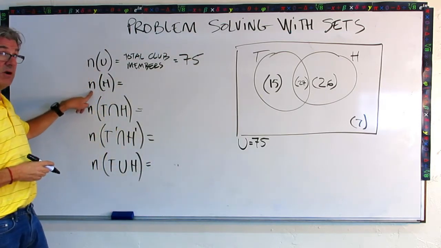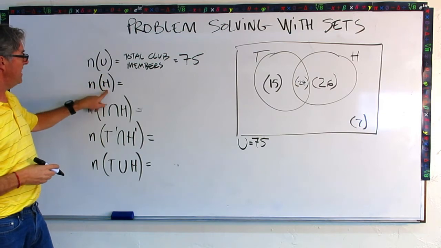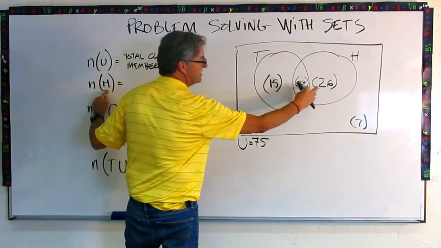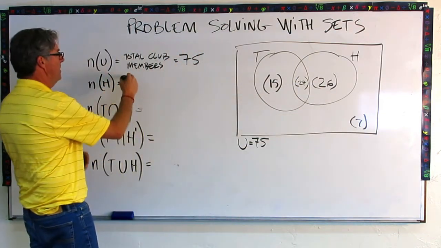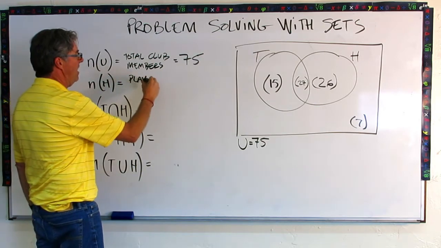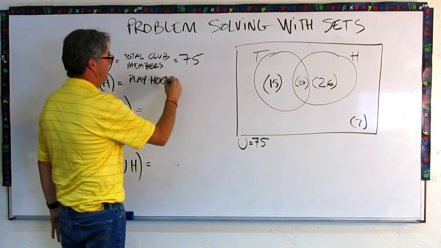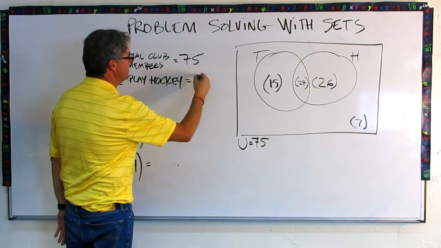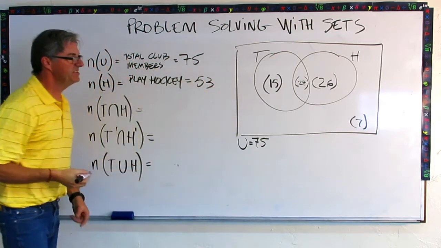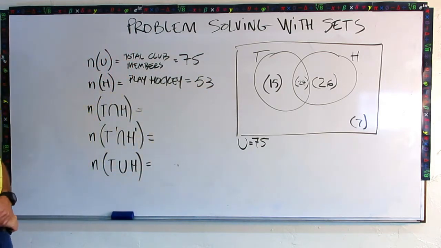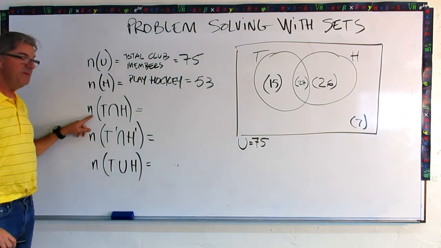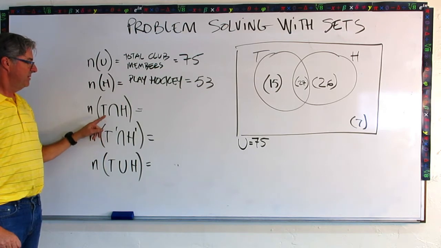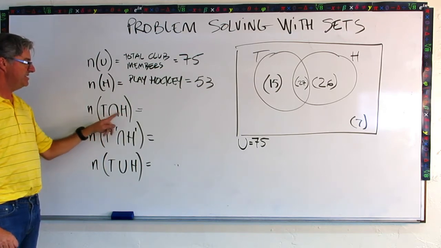These next two are pretty straightforward as well. This is the number of people in the club that play hockey. So that's going to be 26 plus 27. So this is play hockey. And that is 53. Because 26 plus 27 gives us 53. Now, how about this one? This is the number of elements in the intersection between T and H, between tennis and hockey.